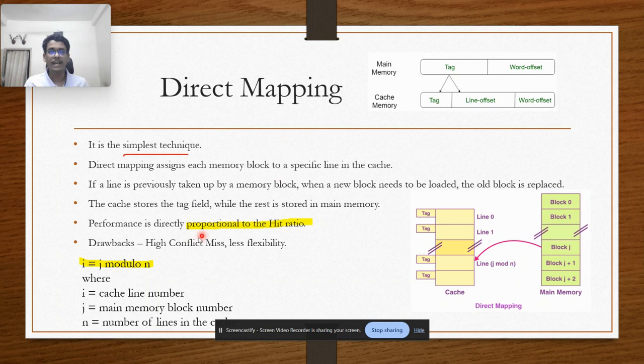The drawbacks of direct mapping is that it has a high chance of having conflict misses and is also very less flexible as compared to other memory mapping techniques.